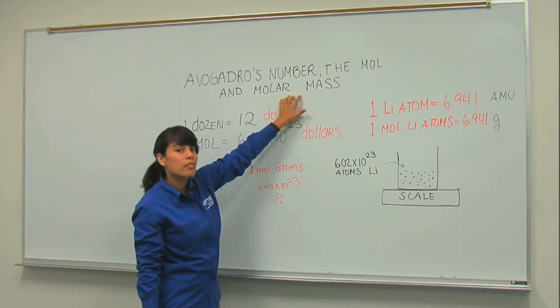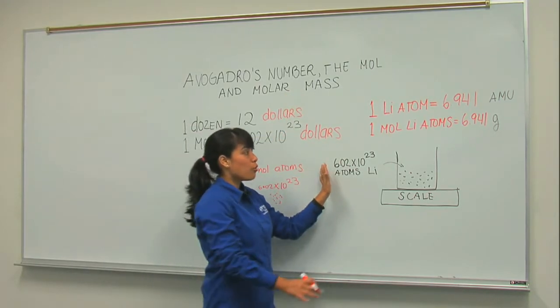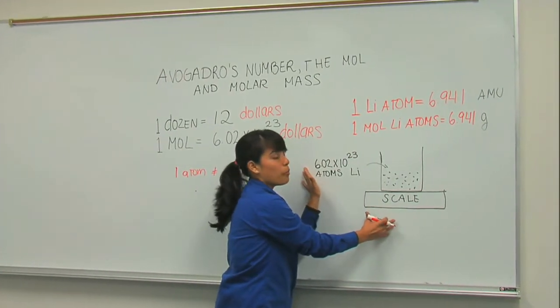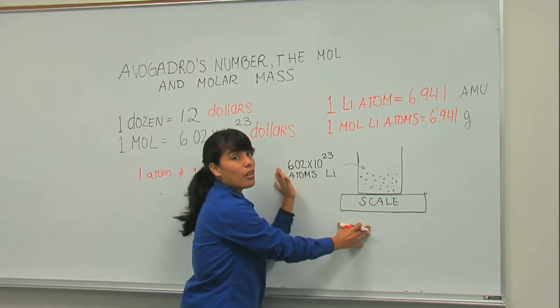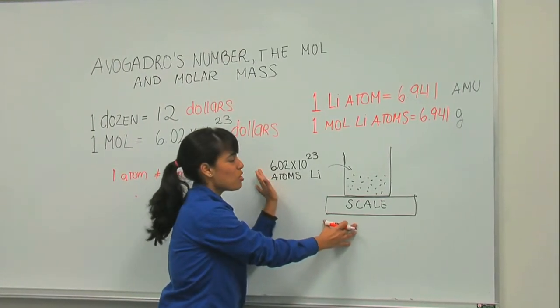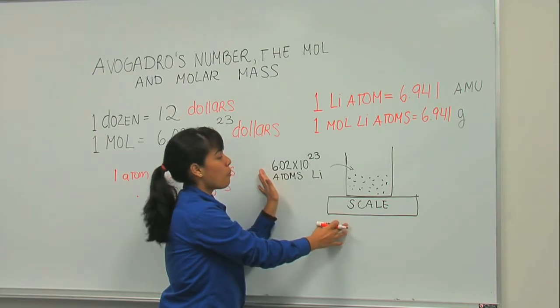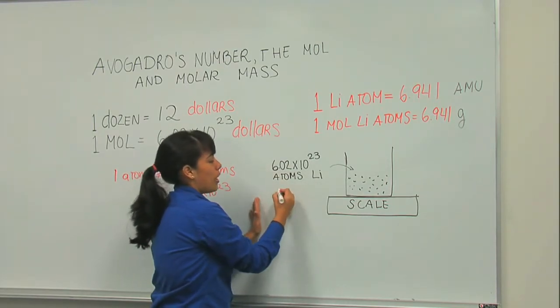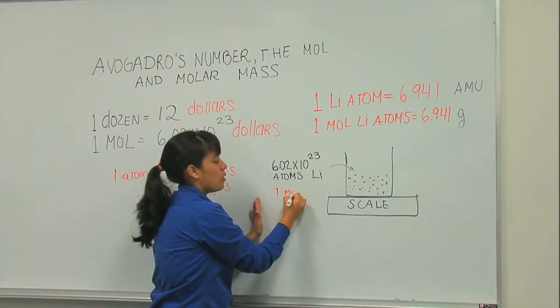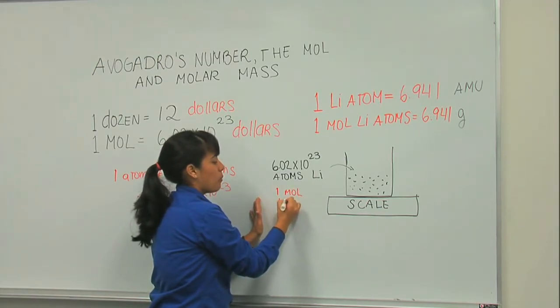So what do I do to know what a molar mass is? A molar mass is the mass of 1 mole, by definition. So, going back to my example of atoms, I will choose lithium, just for an example, a lithium atom. So what happens if I want to collect 1 mole of lithium atoms?